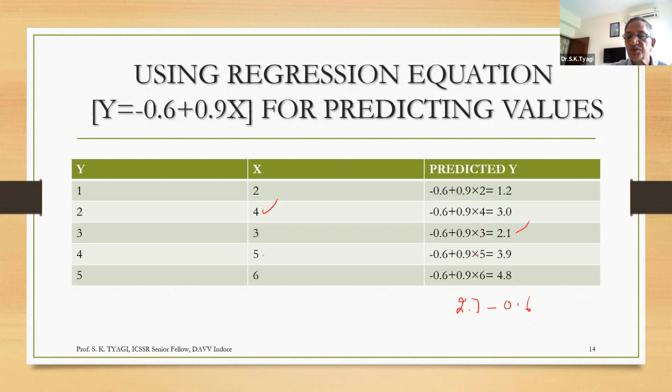When we substitute 5, 5 nines are 45, 4.5 minus 0.6 is 3.9. So these are the predicted values. Now we are ready to calculate regression sum of square, residual sum of square, and total sum of square.